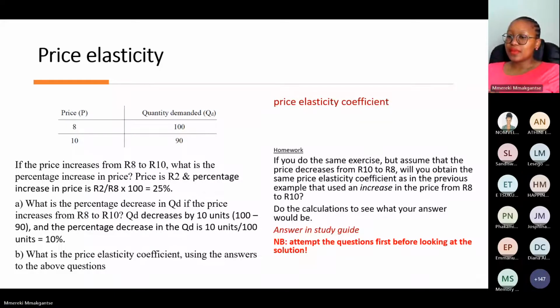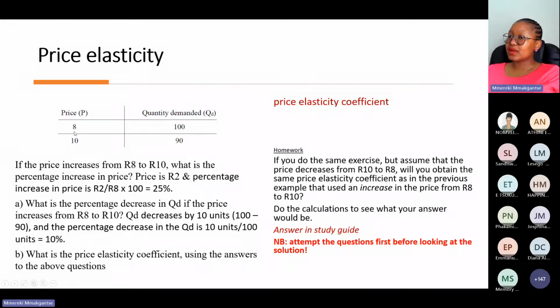So, they ask us, what is the percentage decrease in quantity demanded if the price increases from 8 rand to 10 rand? If the price were to increase from 8 rand to 10 rand, we can see here that the quantity demanded decreases by 10 units.